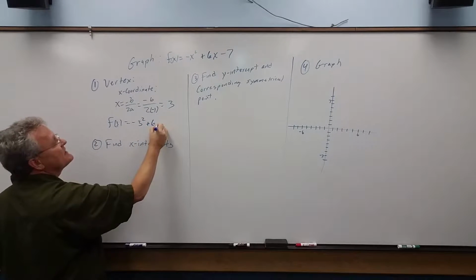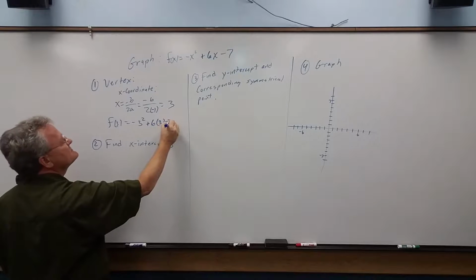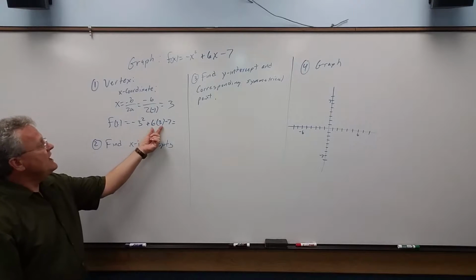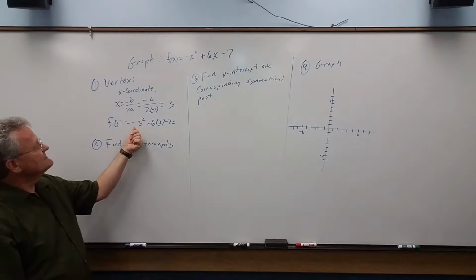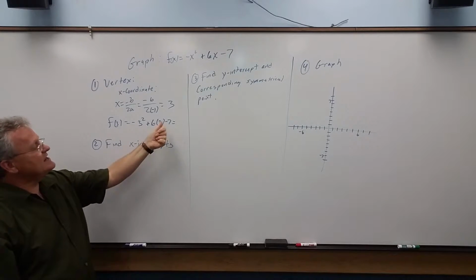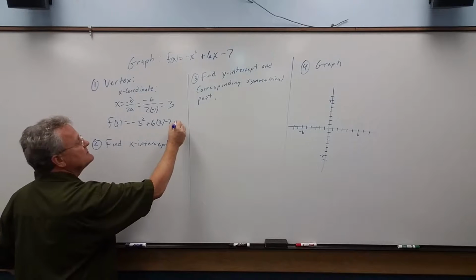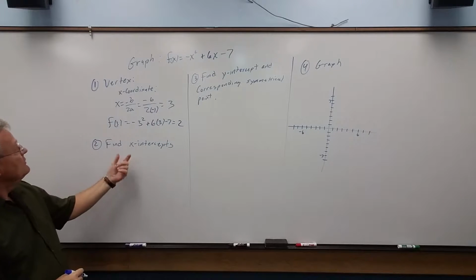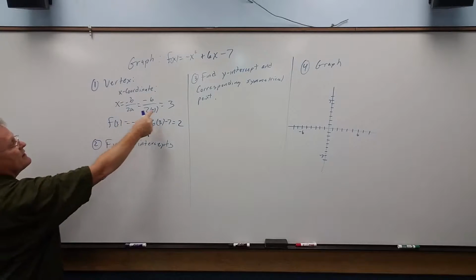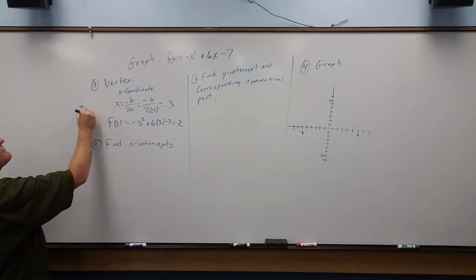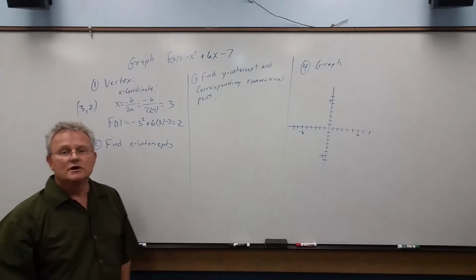Plus 6 times 3, minus 7, and we get negative 9 plus 18 minus 7, which is 2. So the point 3, 2 is the vertex.